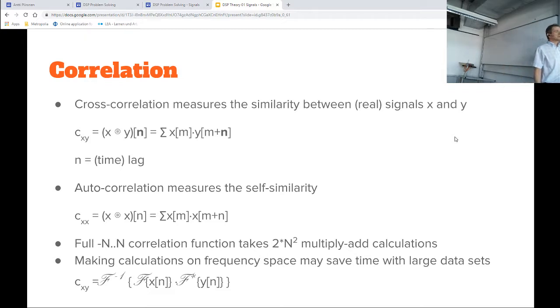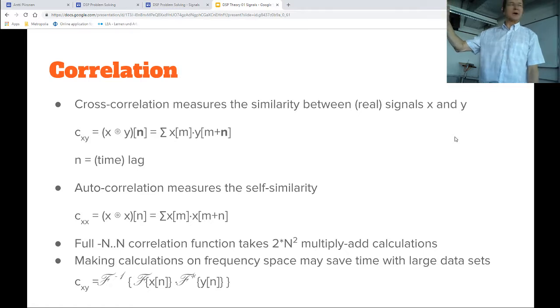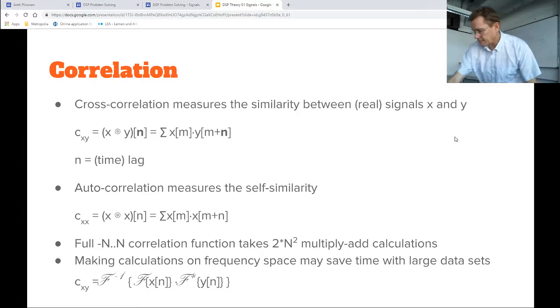Autocorrelation. Autocorrelation measures the self-similarity, how similar a signal is to itself. This makes sense if you're trying to find repeating elements in a long signal. For example, you have something like that.